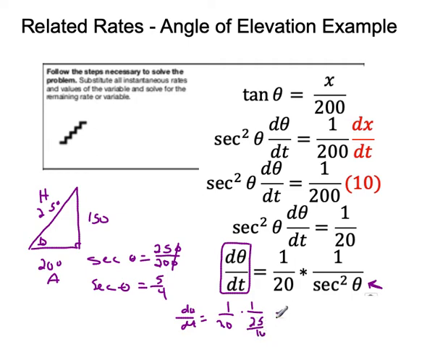When I take the reciprocal of that, I'm going to get 1 over 20 times 16 over 25. When I simplify that to a decimal, I'm going to get 0.032. But this is in radians, because over here we're in radians. We are not in degrees. So this is in radians per second.